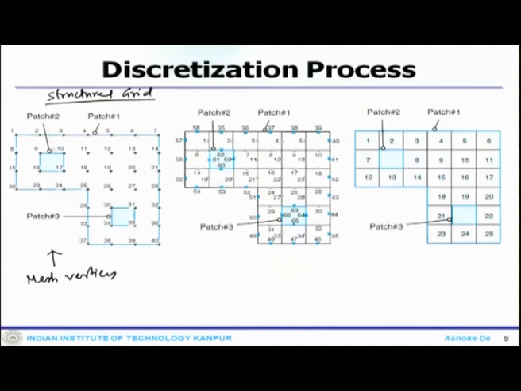This is one individual computational control volume, and the control volume is connected with 4 vertices.